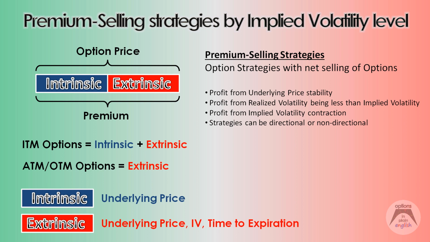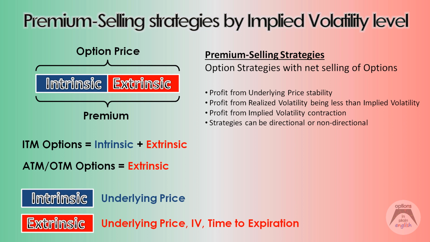Those strategies profit from the underlying price remaining stable, so not moving a lot, remaining range bound or in a certain range. They also profit from realized volatility being less than implied volatility. So when you put on a position, for example, and the implied volatility suggests that the underlying is going to move by 10%, if the actual underlying price moved by 3%, so realized volatility is less than the implied volatility, then these strategies are going to profit from that.